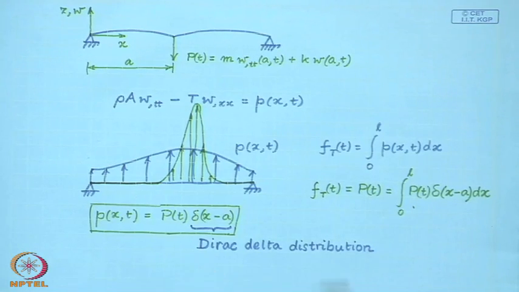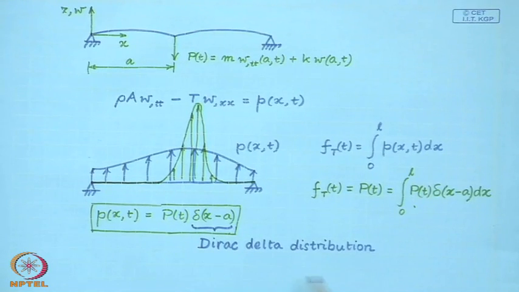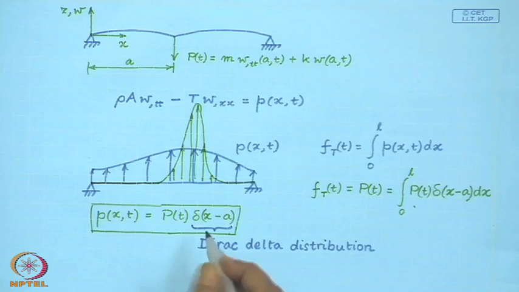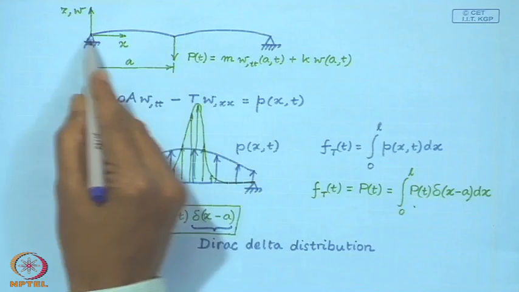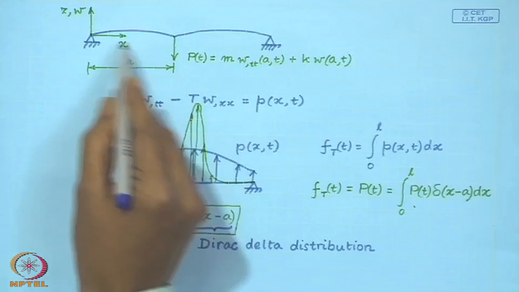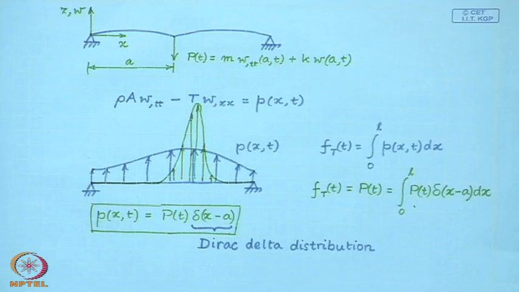Now, we can very easily derive the properties of this Dirac delta distribution from what we expect this distribution to do. First of all, this distribution must be 0 everywhere on the string except at x equal to a.